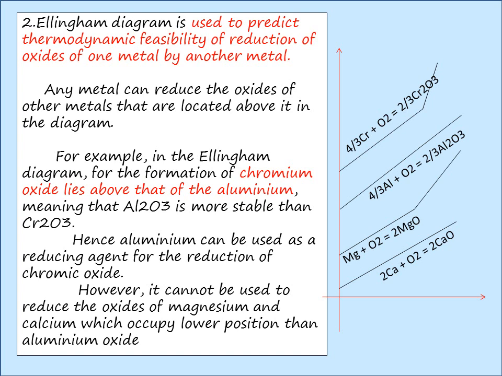No, because chromium is on the upper side of the graph. So any metal can reduce the oxides of other metals that are located above it in the diagram. So low reduces high. The metal lying below can reduce the metal lying above it. Can you understand? Yes.